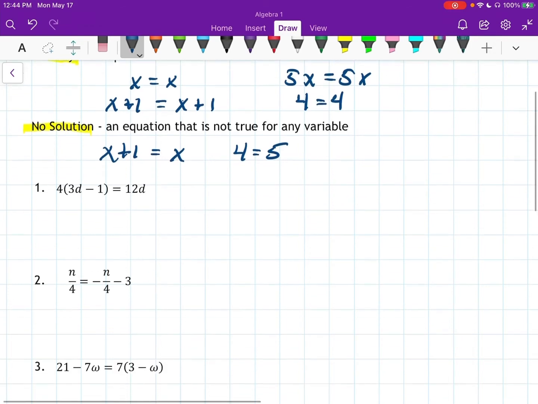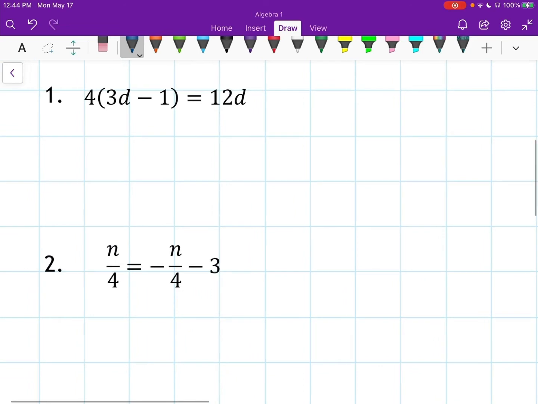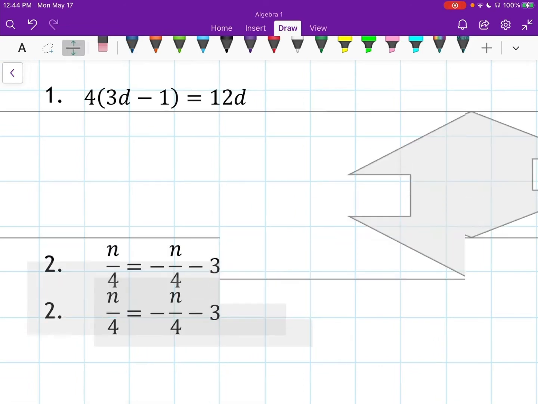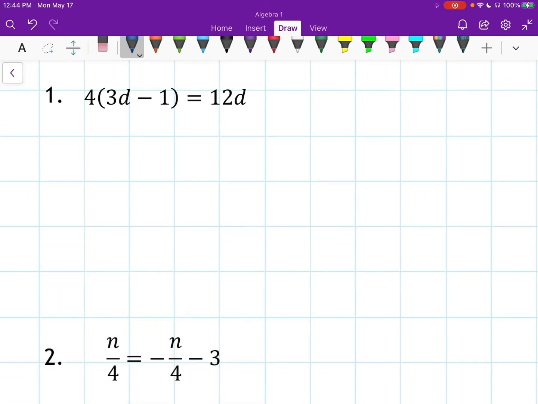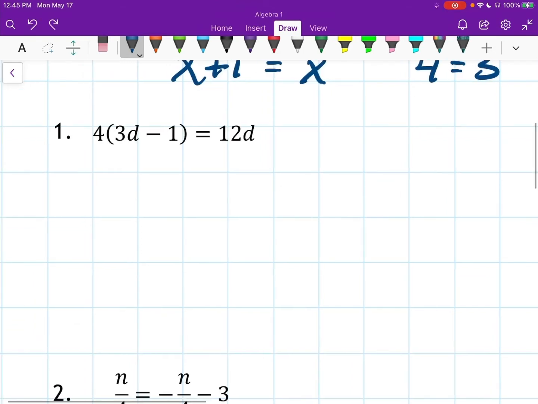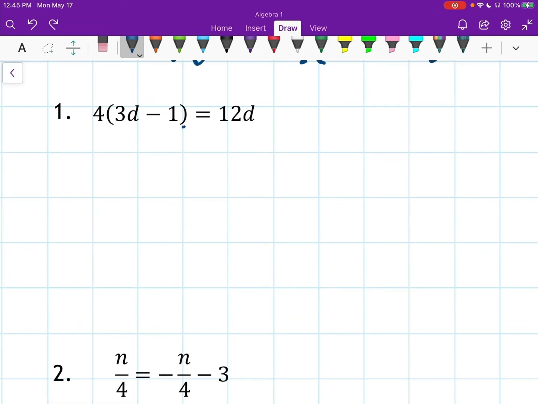So let's look at number 1 here. There's two different ways we can approach this problem to begin with, and I'm going to do the kind of tricky way. One way, and the way we probably normally would do it, is to distribute this 4. But there's one other way that I think is a little bit easier. I'm going to divide by 4.